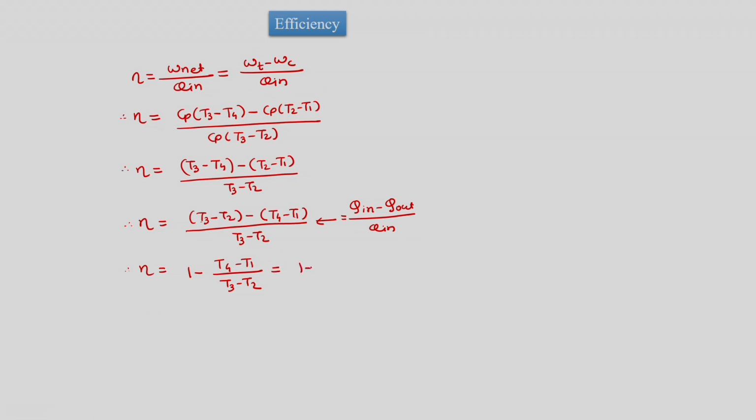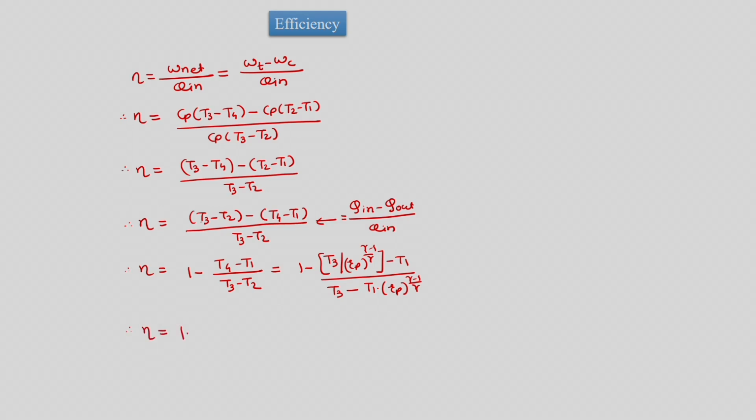Let us write down this as T4 is equal to T3 divided by Rp raised to (gamma minus 1) upon gamma. We know that it can be evaluated from the known state variables. Minus T1 divided by T3 is again the same thing, and T2 is T1 into Rp raised to (gamma minus 1) upon gamma.